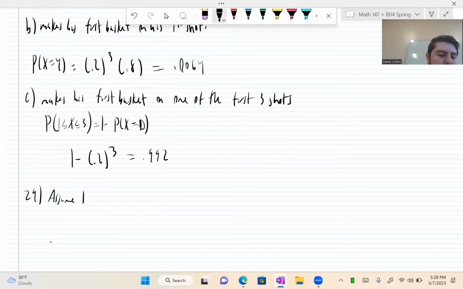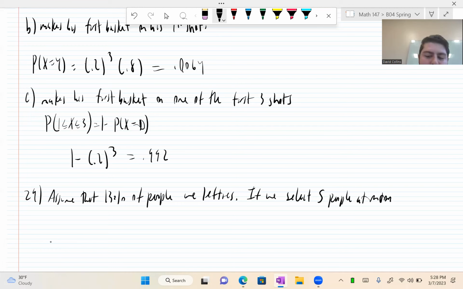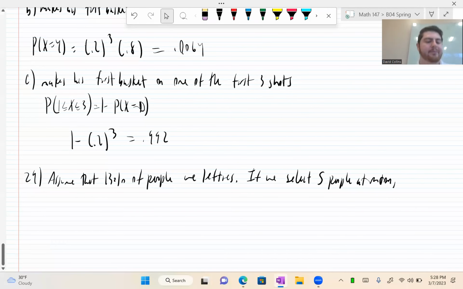Assume that 13% of people are lefties. If we select 5 people at random, and then the question.